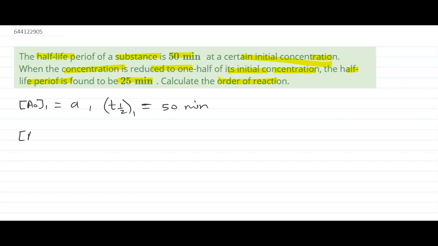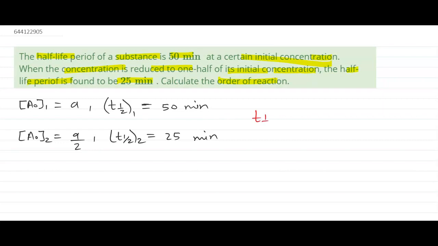Which means A02 we are writing, which is equal to half of the initial concentration, which will be A by 2, and for this particular process T half 2 is given as 25 minutes.